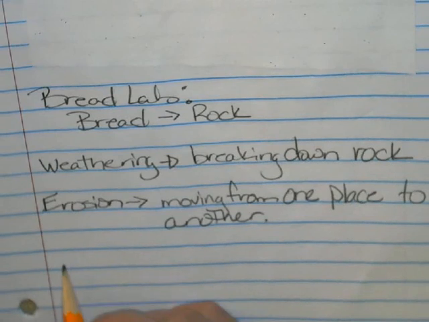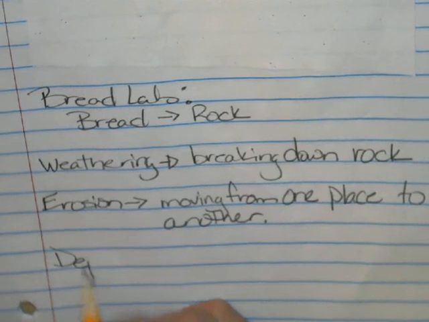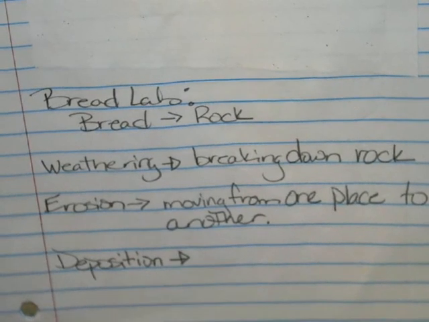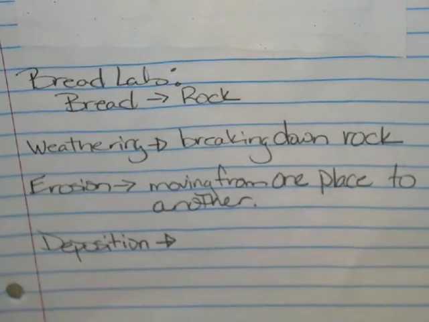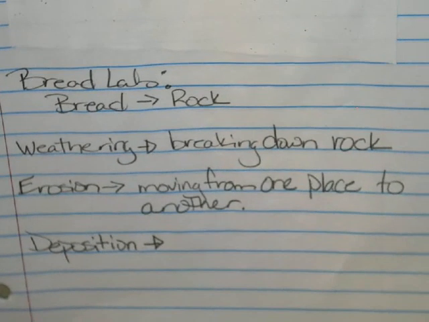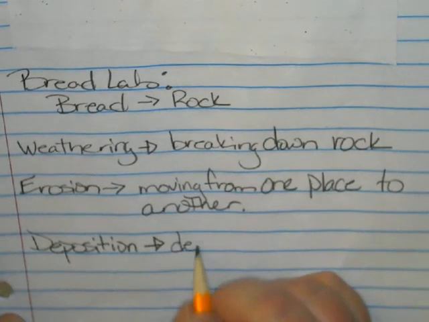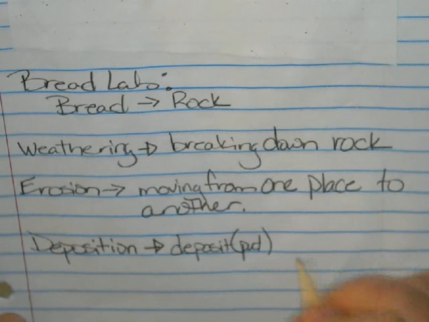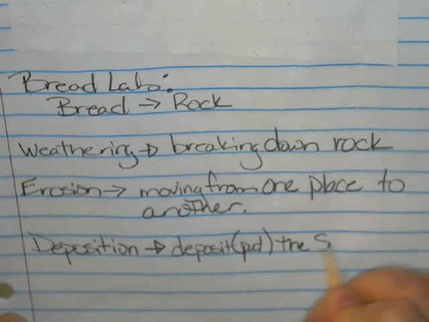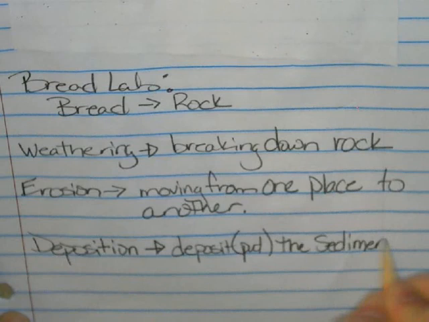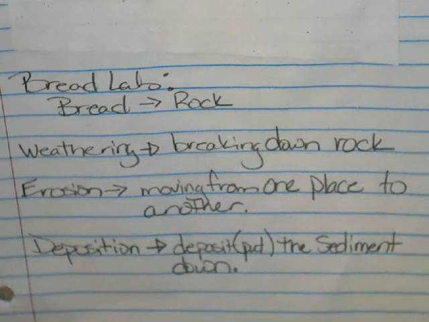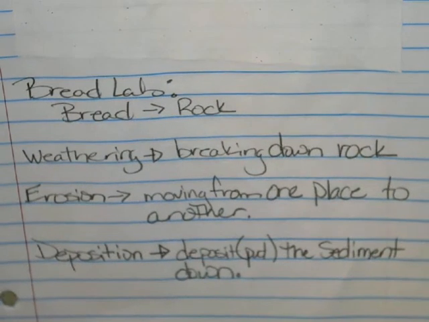After erosion, we had deposition. Remember, you spell the word deposit and add an I-O-N, deposition. And we said you deposit, which means put the sediment down. In our case, we put it in a baggie. Out in nature, it's just that sediment traveling and then it gets put down and stuck in place.